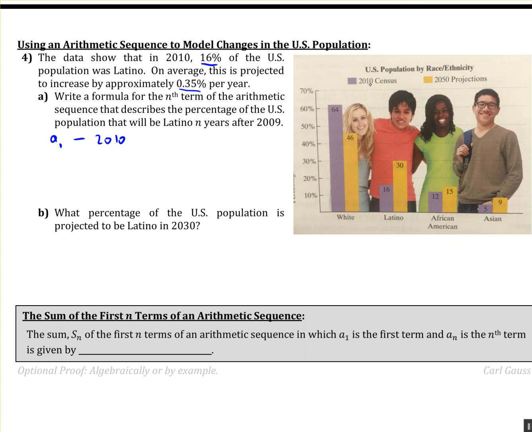We're going to leave them as is. So A_1 is 2010, which is 16%. Our common difference is going to be 0.35%. So A_n is equal to 16% plus (n minus 1) times 0.35%.